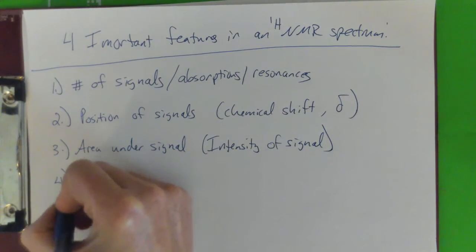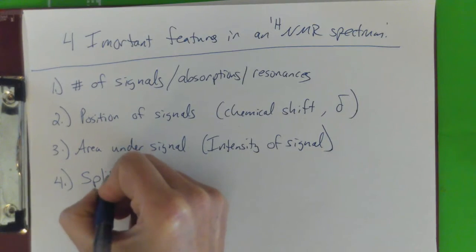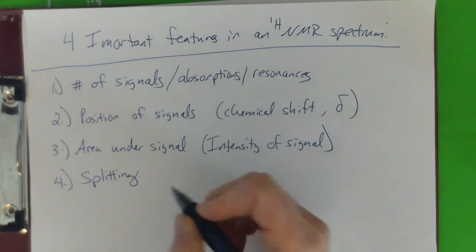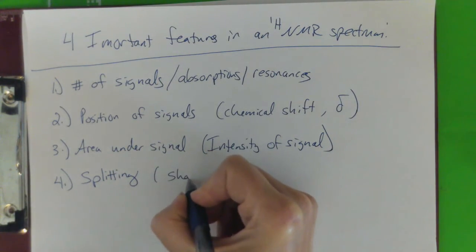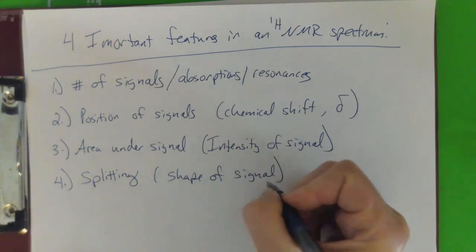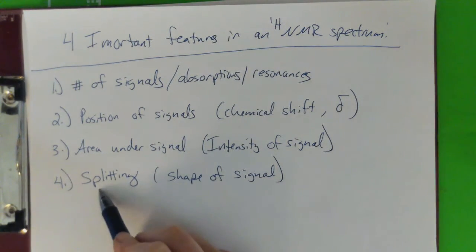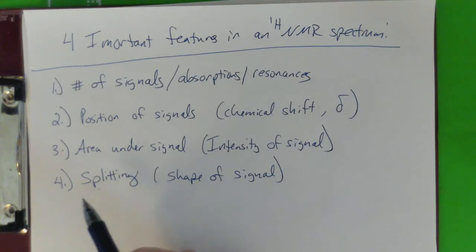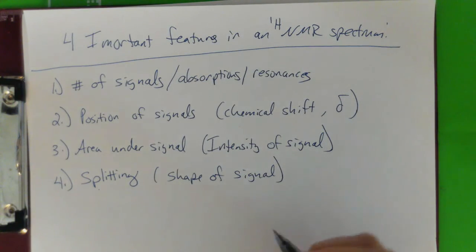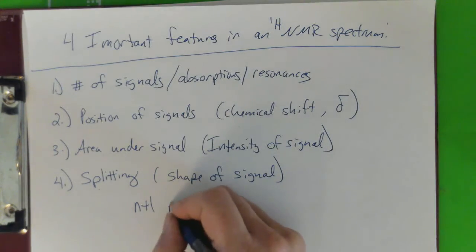And then the fourth important feature is the splitting. Okay, in your textbook, they call this the shape of the signal. Is it a singlet? Is it a doublet? Is it a triplet, a quartet, a quintet? This splitting is going to tell us how many protons there are on the carbon atom next door. So this is where we're going to use that n+1 rule.